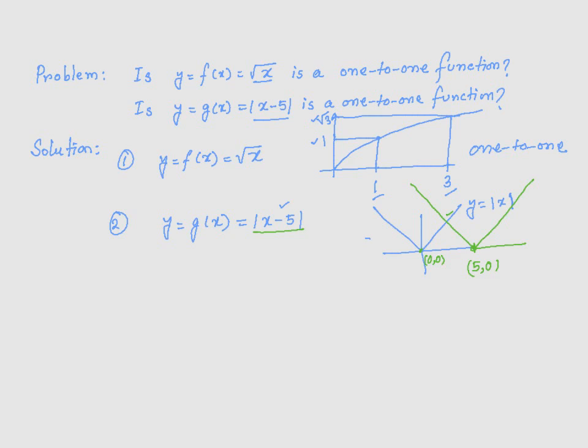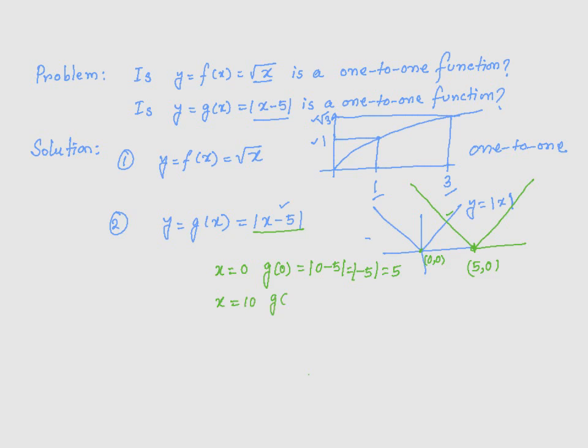So let me just give you an example with some numbers. Let's consider two easy numbers. Let's say x is equal to 0. So what is my g of 0 going to be? It's going to be absolute value of 0 minus 5, which is absolute value of negative 5, which is 5. What about if I pick x is equal to 10?